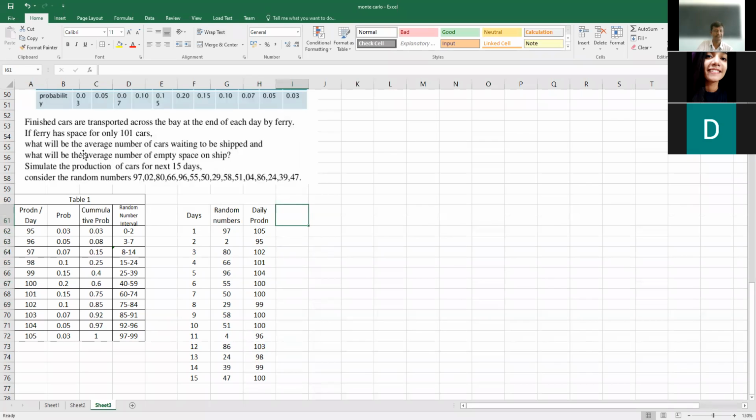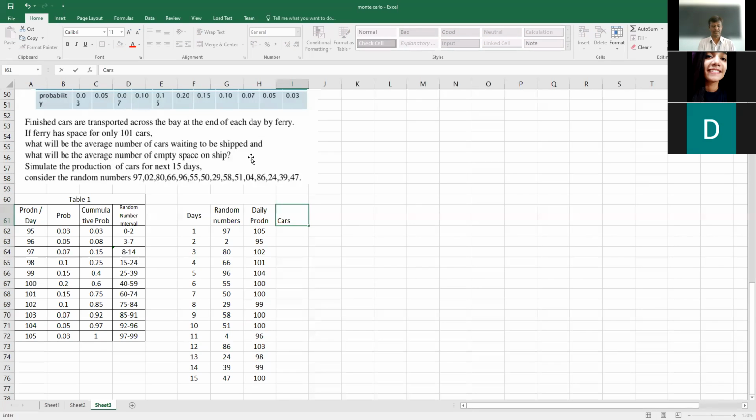So on a daily basis, this transporter can carry only 101 cars. Okay, so 101 cars we are able to transport from the production location, and beyond 101, that has to be taken to the next day. So what is asked is, what will be the average number of cars waiting to be shipped?